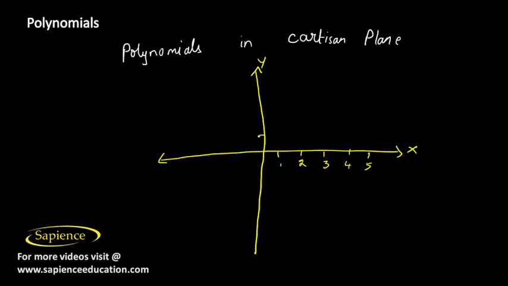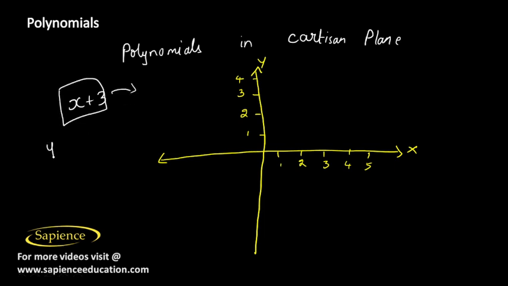Cartesian plane means basically a graph. So now let us write an example polynomial. We can take x plus 3.